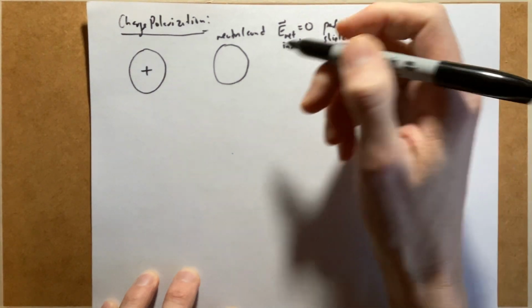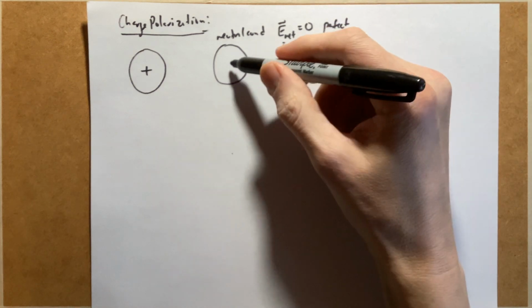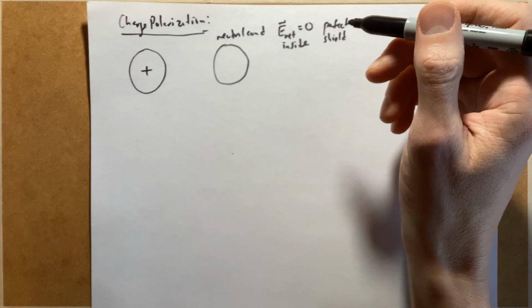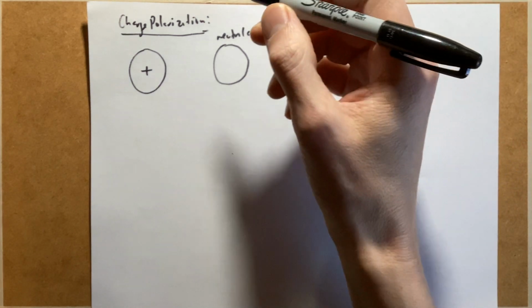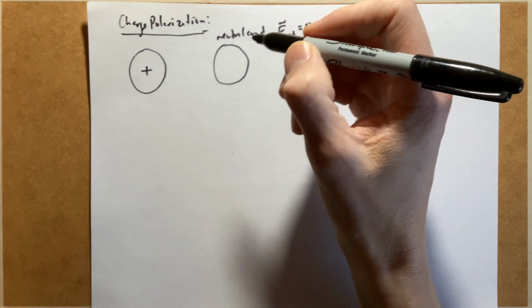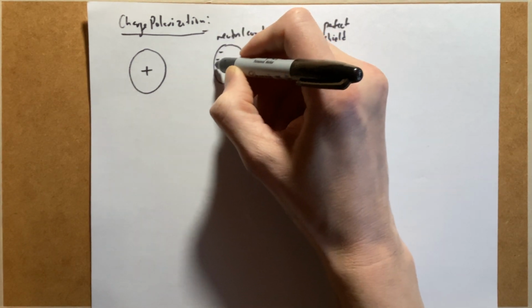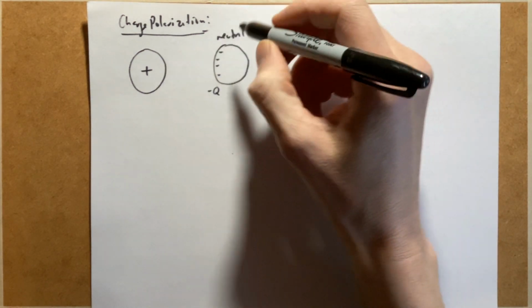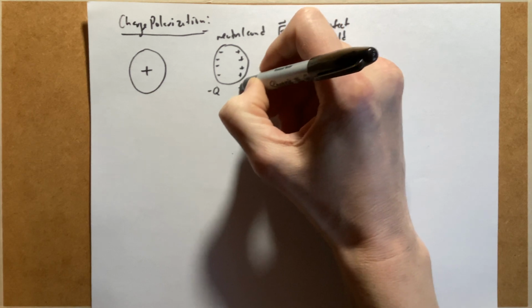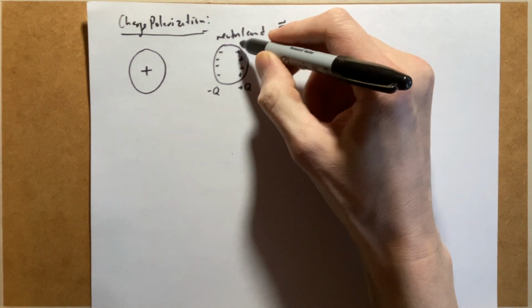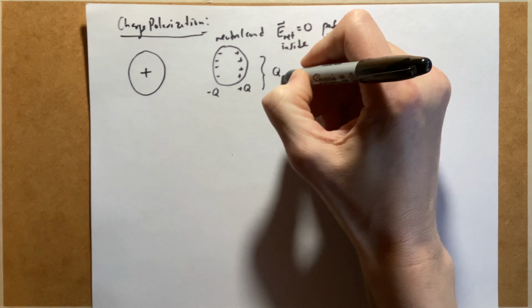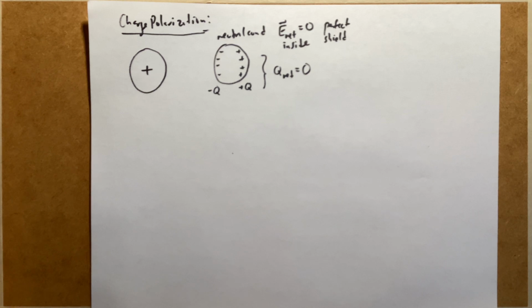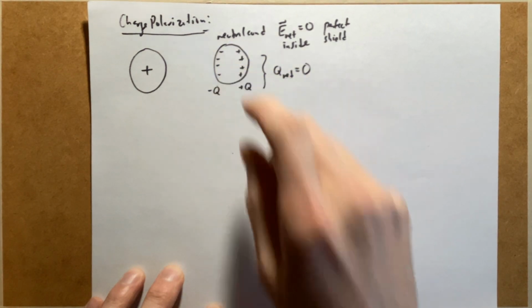We essentially learned that the interior of the conductor is protected from any net field, and the reason again is that if it wasn't, the charges are free to move till it was. Charges will flow until they no longer want to, and then you get this charge superposition. You get a minus Q that goes onto the left-hand side, and positive Q goes onto the right-hand side in this particular case. The sum of these two is still 0 because the conductor is still neutral, but the charge has polarized to make sure that the net field is 0 inside.